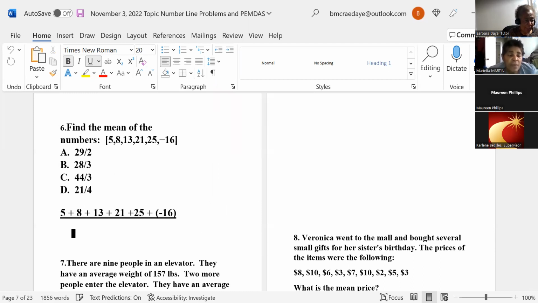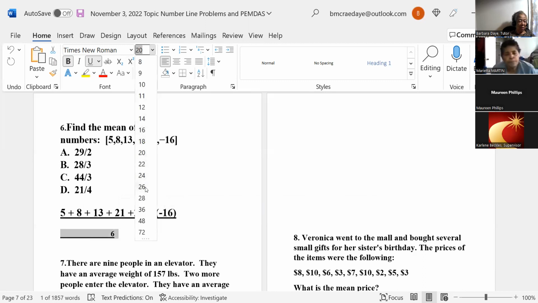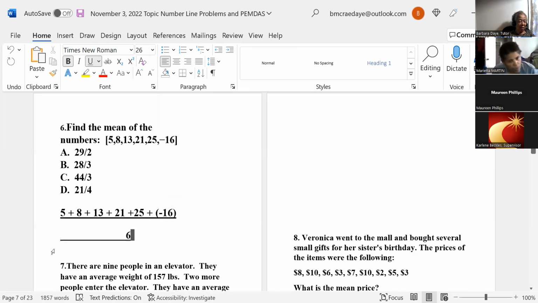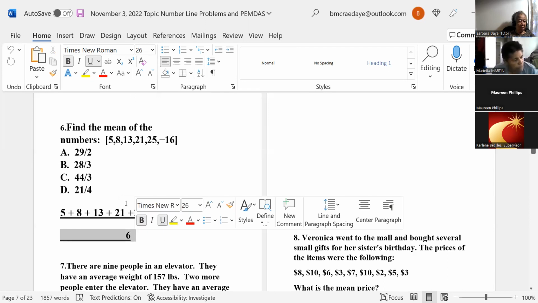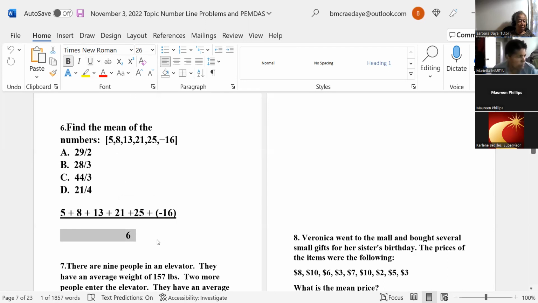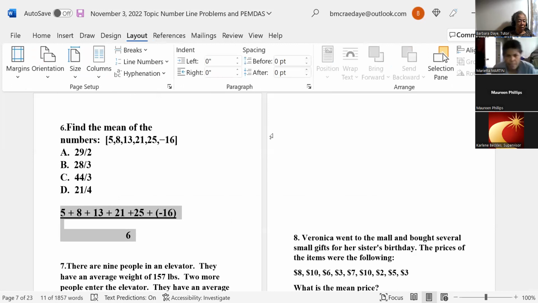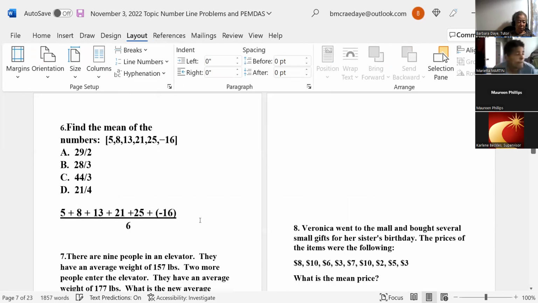That's right, divided by 6, because there's 6 numbers, right? So let's just make that 6, and we don't need an underline here. We'll bring that up a little closer.